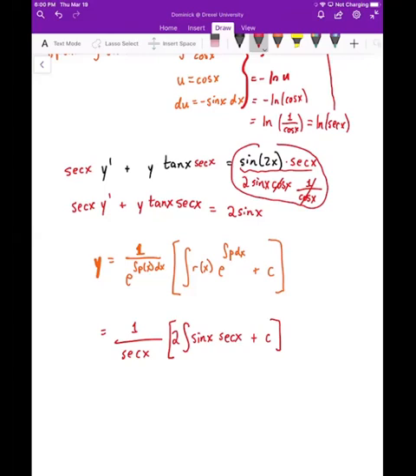Well, again, I need to slide a dx in there. So again, sine times secant is a sine over cosine, so that's going to end up being a 2 and then a tangent of x dx plus c. And I can think of 1 over secant as a cosine of x.